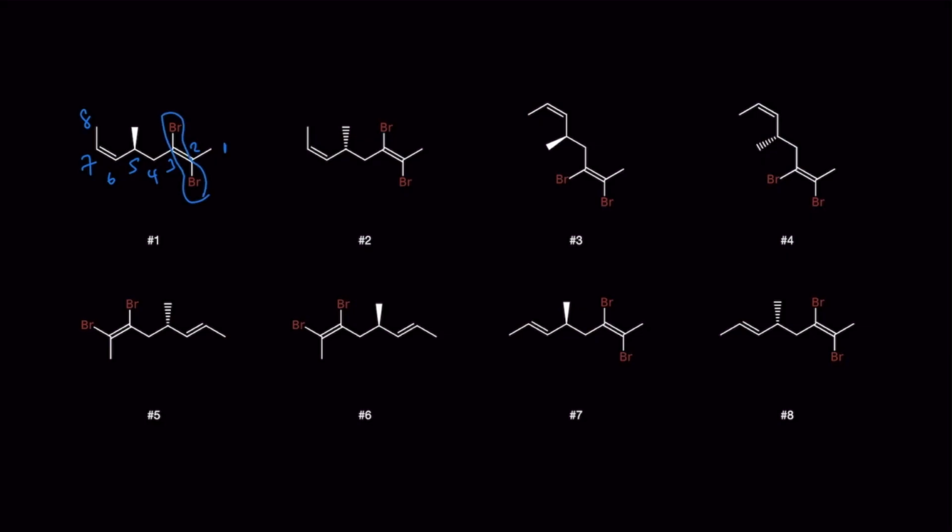Because the higher priorities are on the opposite side. So therefore, at 2 position it is E. How about at 6 position? Here we have a hydrogen. Here also there is a hydrogen. So the low priorities are on the same side, or you can also say high priorities are on the same side. So therefore, at the 6th position it is Z.